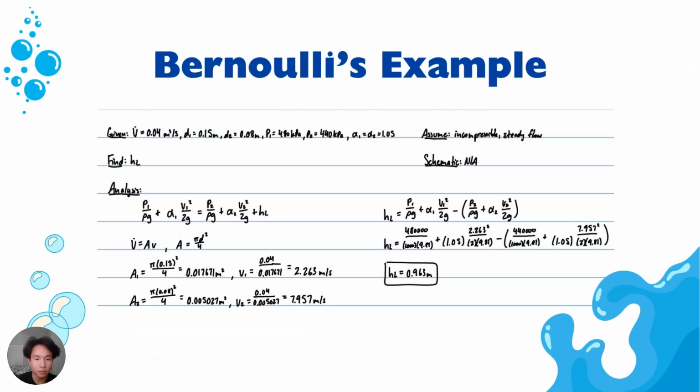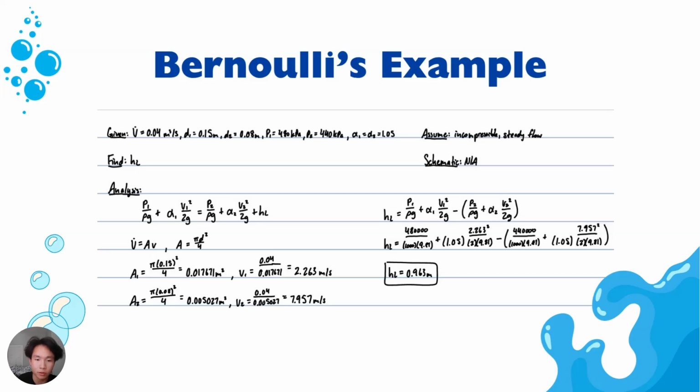In this problem, we're solving for the head loss, HL, and we're assuming it's incompressible and steady. We have diameters of 0.15 and 0.08, with pressure 1 of 480 kilopascals and pressure 2 of 440 kilopascals, with a volumetric flow rate of 0.04 meter cubed per second.